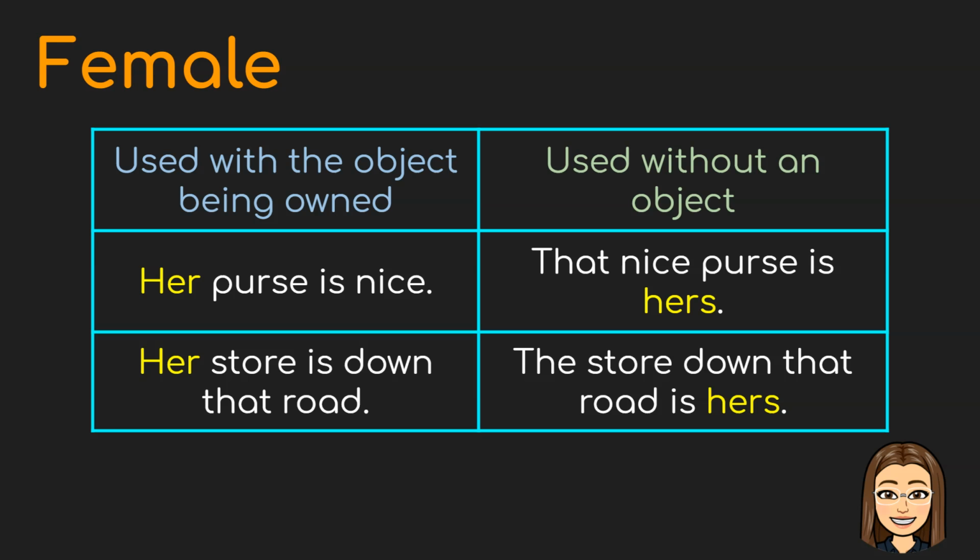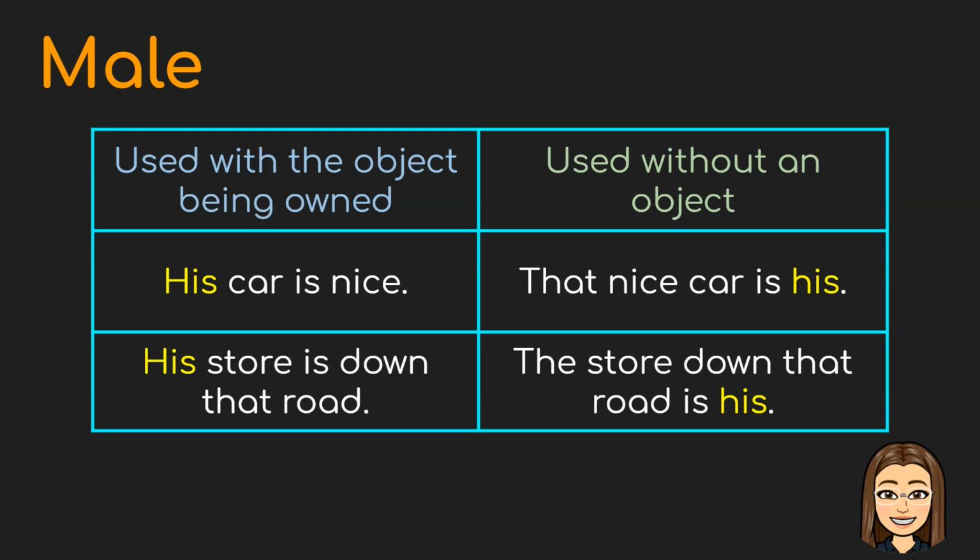And we will use hers with S if it is used without an object. For example, that nice purse is hers. And the store down that road is hers. And if we're talking about male, we will use his for both.